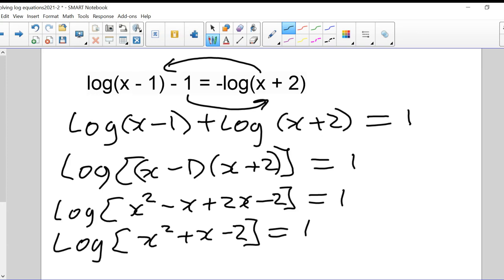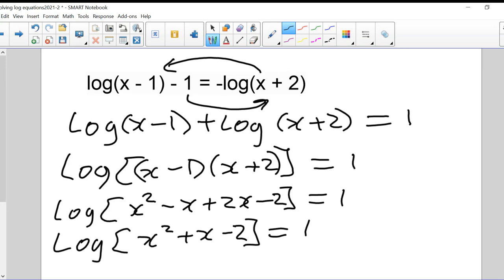What happens next? So I multiplied it out. The log of this, which looks like a quadratic, is equal to 1. Where do I go next? We still haven't solved for x, so I need your help.